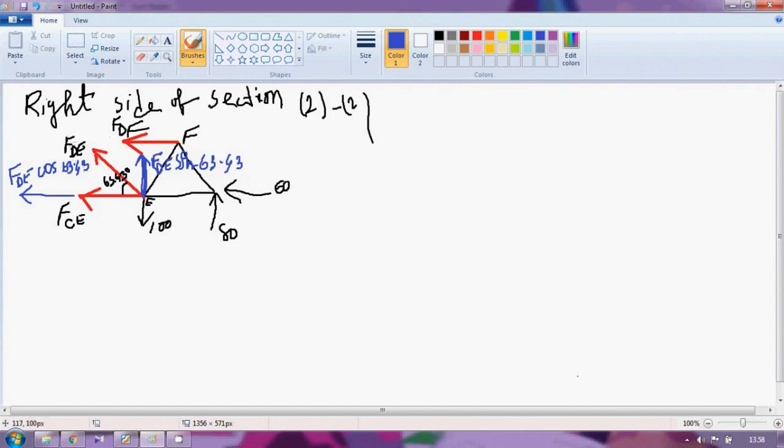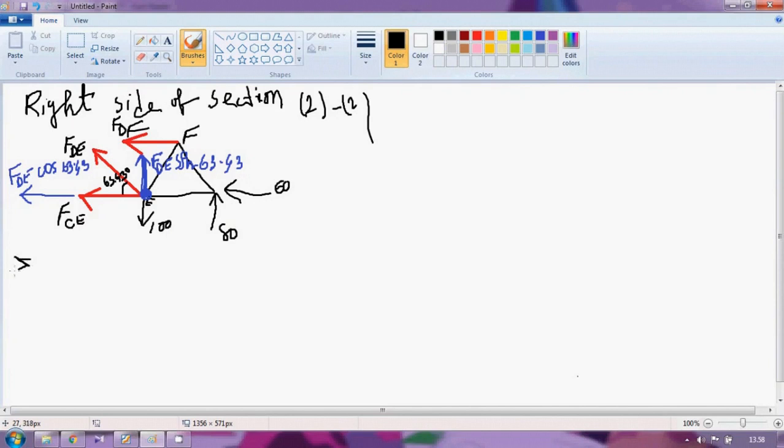Then from summation Fx, we have two unknown horizontal components, FDF and FCE. So we have to take a moment at some point so that only one force is unknown.